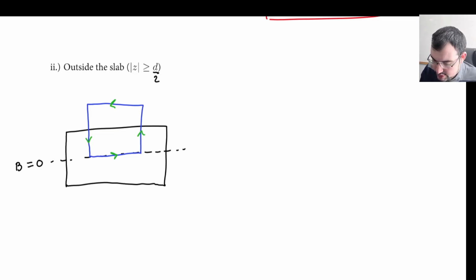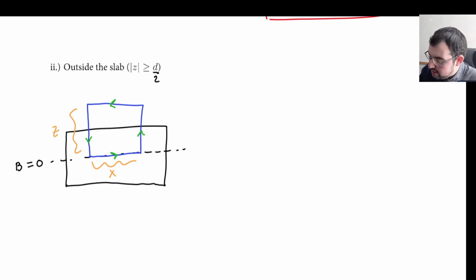All right, so same idea as before. No field, no circulation. Perpendicular, no circulation. Perpendicular, no circulation. Parallel outside the slab, absolutely, we get circulation. So this distance is X, and then this entire distance is Z.